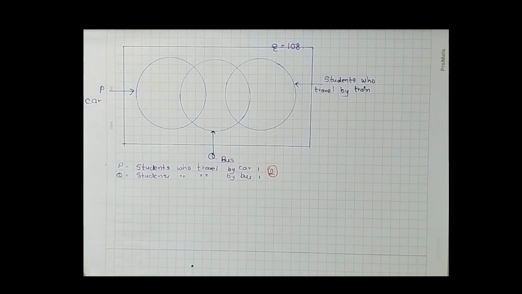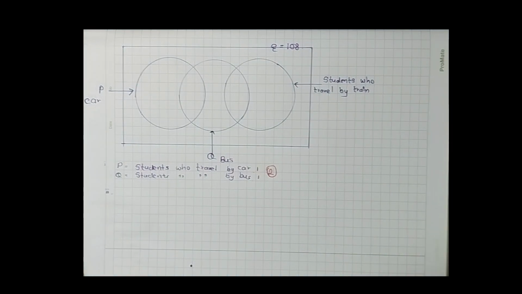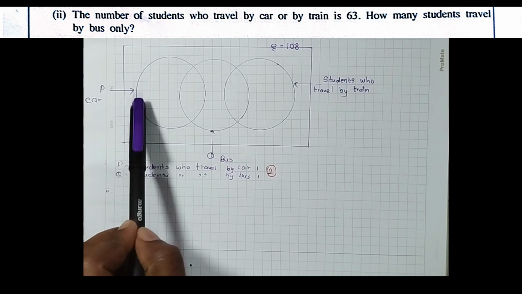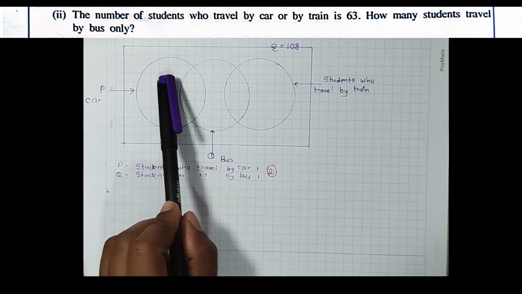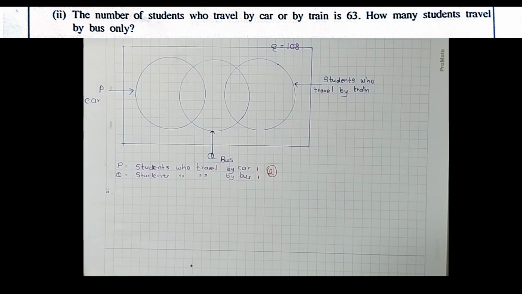Let's discuss the second question. The number of students who travel by car or by train is 63. How many students travel by bus only?